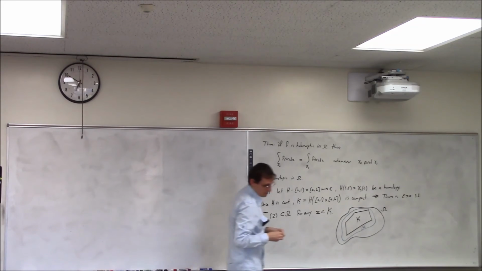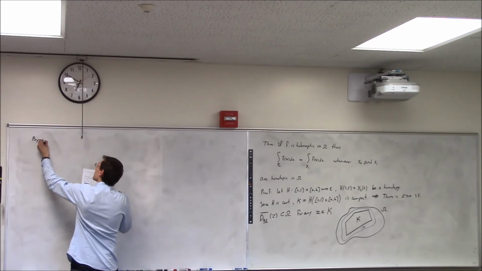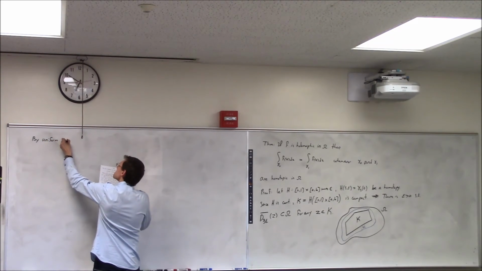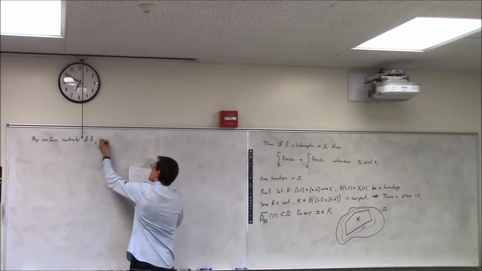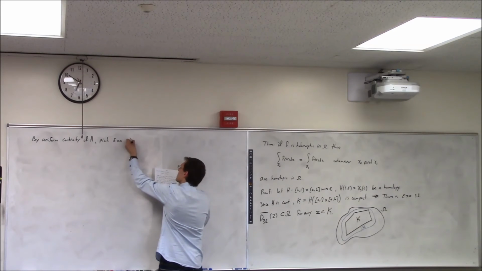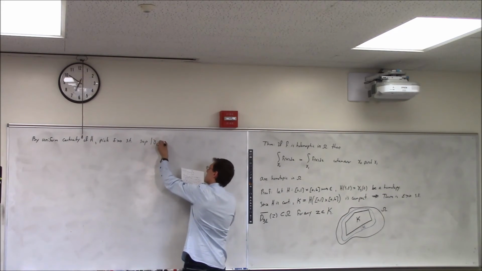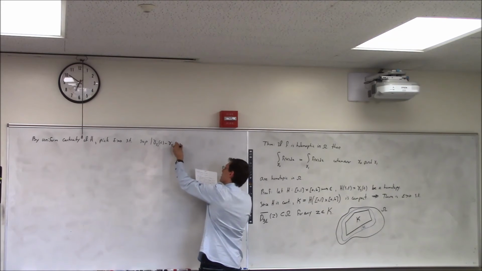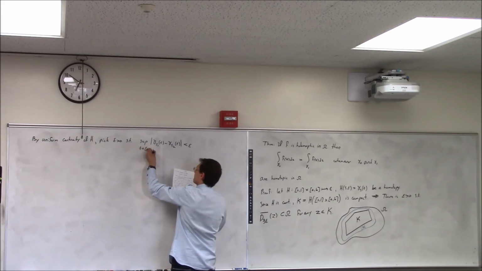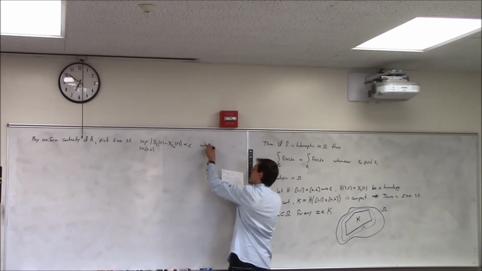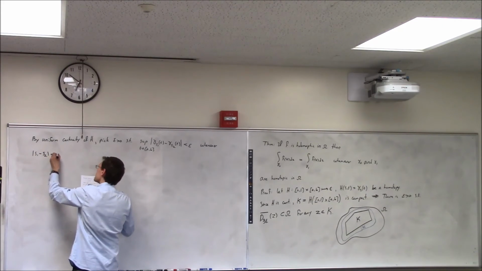All right, so by uniform continuity of H, pick delta bigger than 0 such that the supremum of gamma s1 of t minus gamma s2 of t is less than epsilon, where the supremum is taken over all t in the interval [a,b], whenever s1 minus s2 is less than delta.